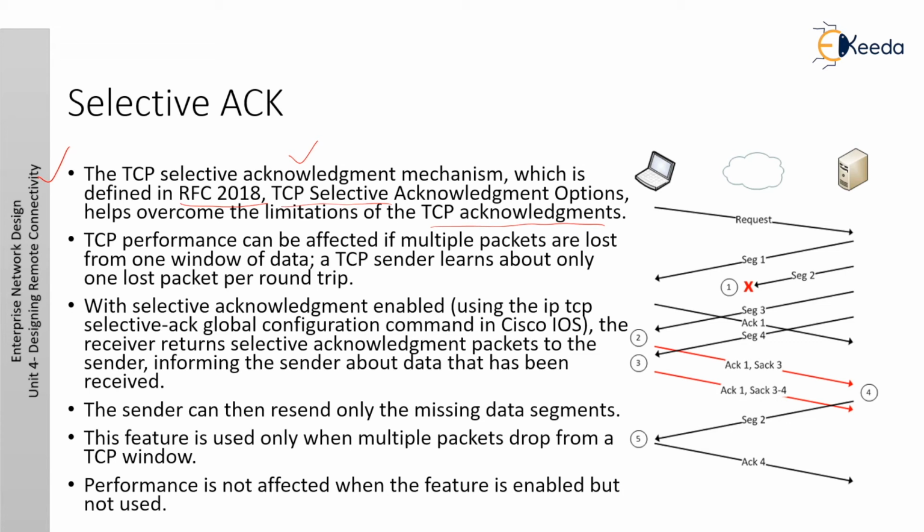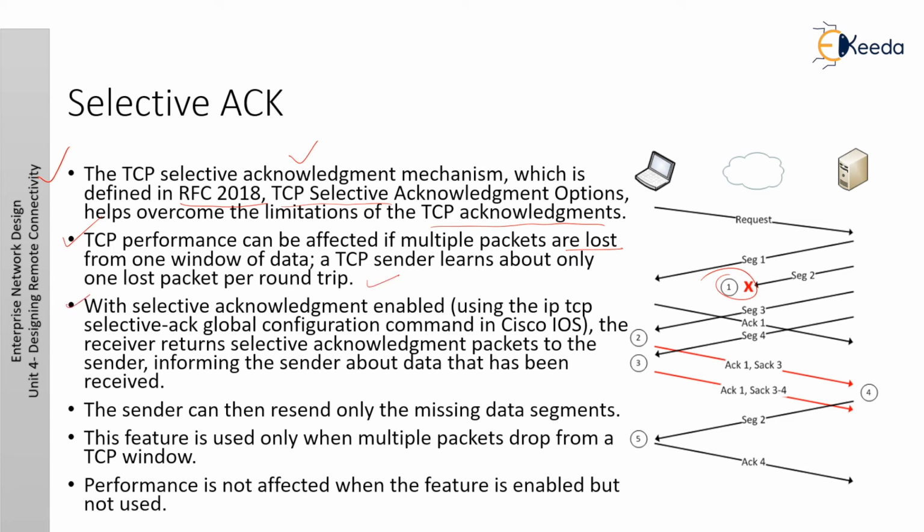So TCP performance can be affected if multiple packets are lost. Here is the case of one packet loss. From one window of data, a TCP sender learns about only one packet per round trip.